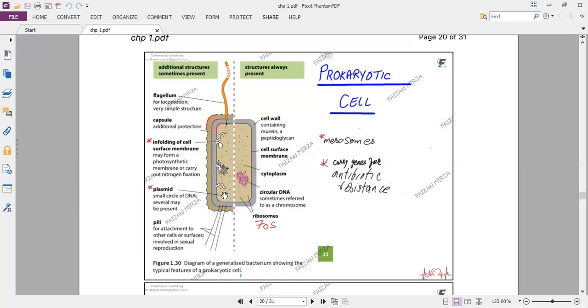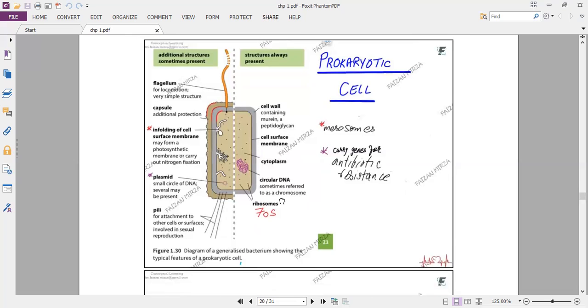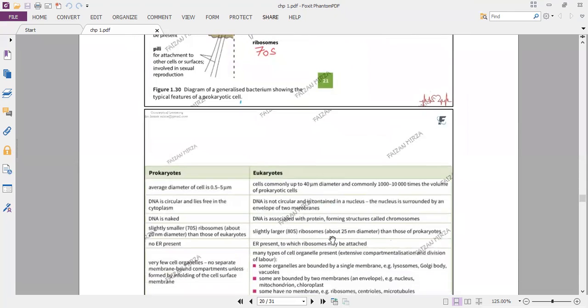You cannot use that antibiotic anymore to kill that particular pathogen or bacteria. How is the plasmid transmitted? This is transmitted through pili. Pili are extensions from the cell wall. They attach to the next bacterium, and the plasmid's copy is transferred through the pili to the next bacterium, which I have just discussed.